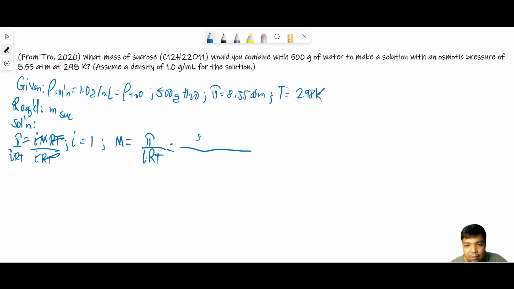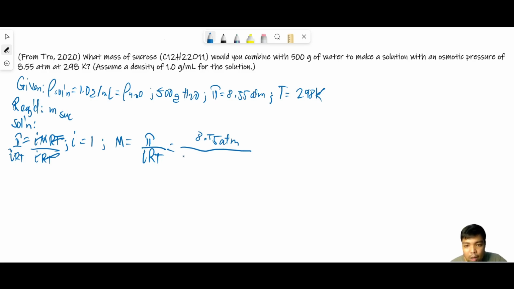So we place 8.55 atmospheres here. I will not substitute the value for the Van 't Hoff factor in this equation, since the Van 't Hoff factor is 1 and any number multiplied or divided by 1 is the number itself, so there will be no change in the values.